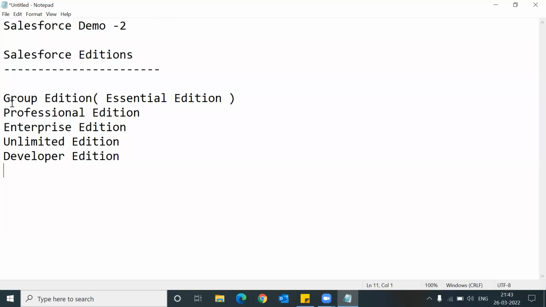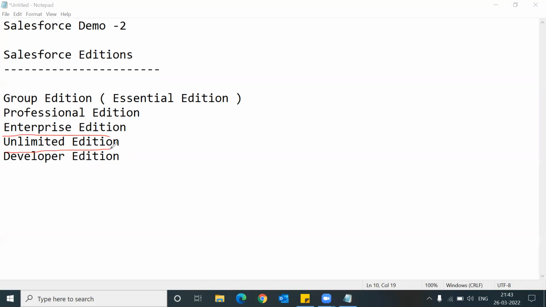So the main question is why Salesforce launched these editions. In a company, we use the enterprise or unlimited edition most of the time.